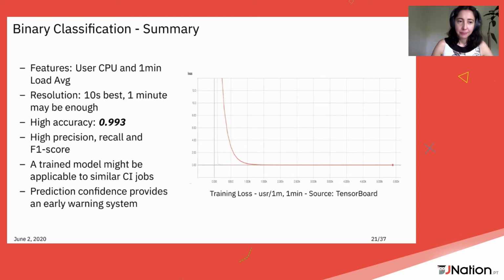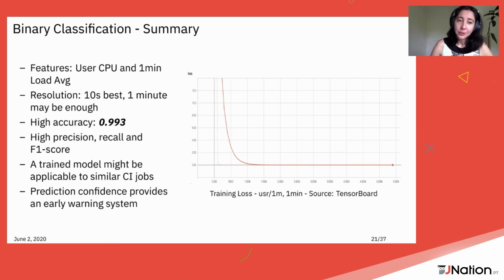Another important point we found was that with our estimator, the model was providing the prediction, so whether the CI job would fail or pass, but it was also providing a prediction confidence.